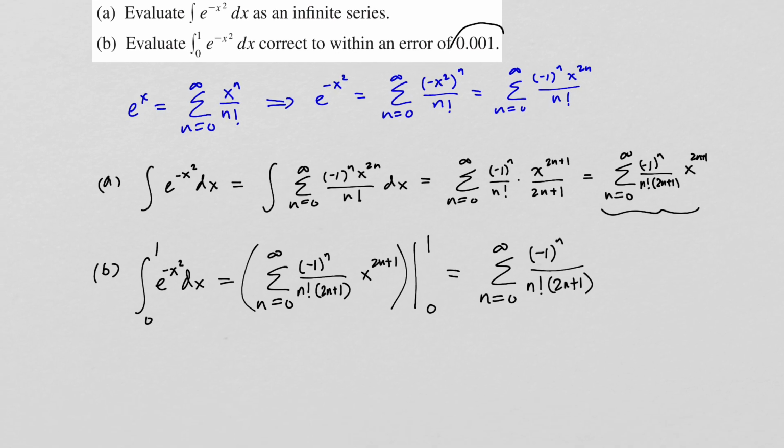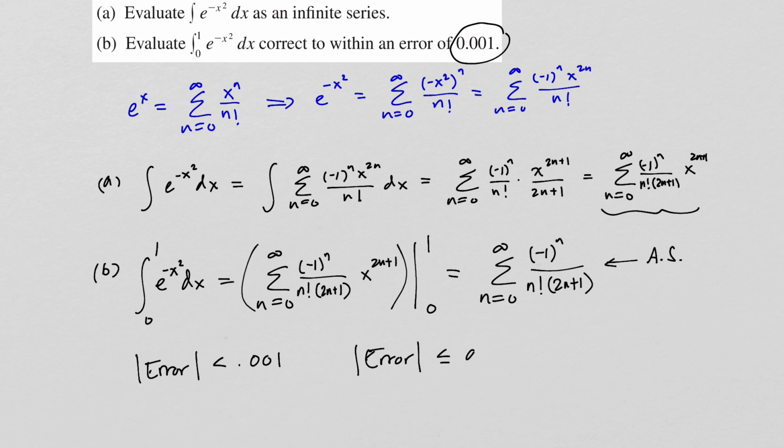Now, how do we evaluate that correct to within an error of 0.001? Well, this is when you need to remember that this is an alternating series that converges according to the alternating series test. So if we want the absolute value of the error to be less than 0.001, let's remember that for an alternating series, the absolute value of the error is always less than or equal to the n plus 1 term.